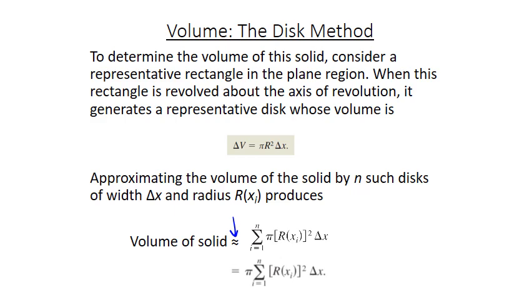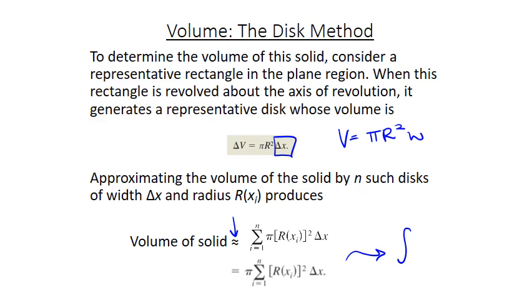But I want that to be exact, and if I want that to be exact, I'm going to take an infinite number of rectangles, and that will give me my integral. Now remember, the volume is pi r squared times the width. The width is the change in x. You could see that on the previous slide.